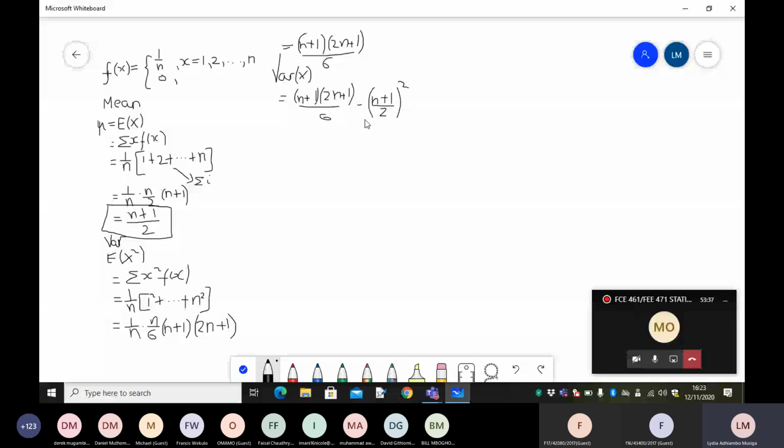So this term here is expectation of x squared. And if we simplify this, we get n squared minus 1 over 12.